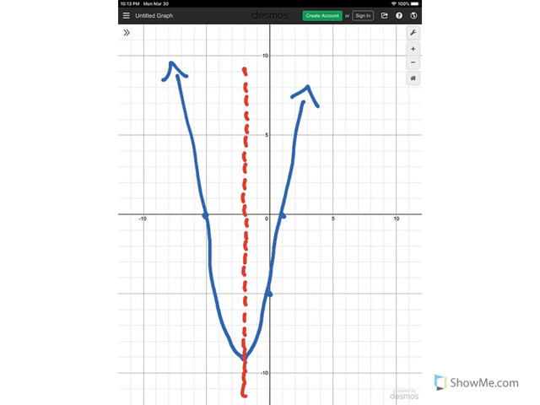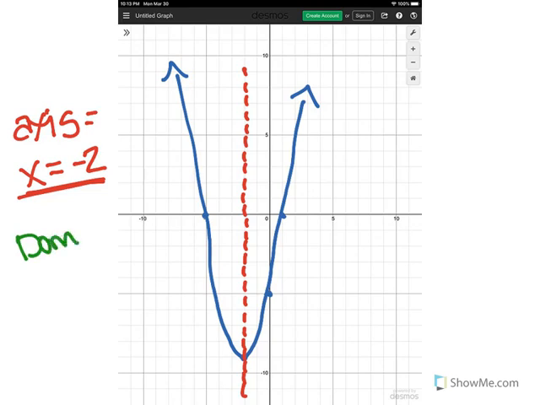So on my labs, they're going to ask you for that axis of symmetry, and you're going to write it as the equation of that line, which would be x equals negative 2, because we're going through the vertex, and the x coordinate is negative 2. Okay? Our domain.